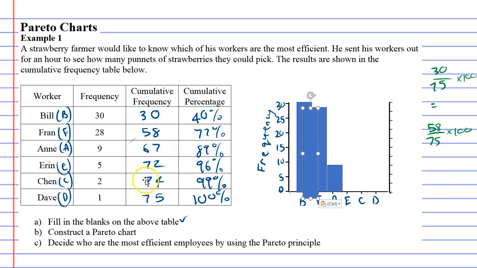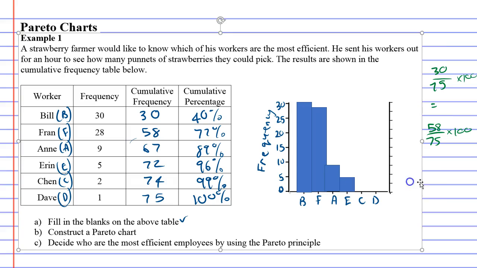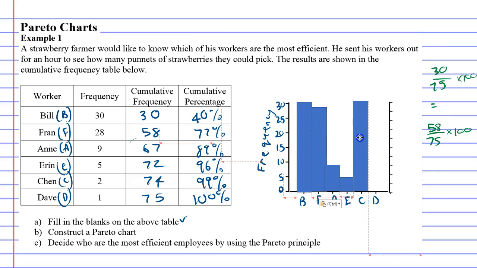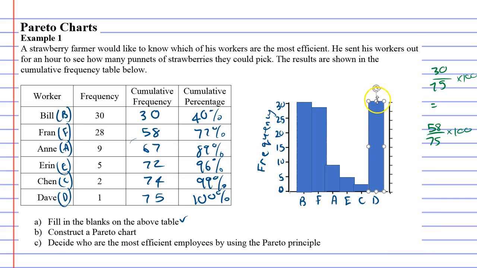And then it just gets worse, then 5, and 2, then 1. So it's kind of like a bar graph we're drawing here, representing the frequency of each person, the number of strawberry punnets each person got.